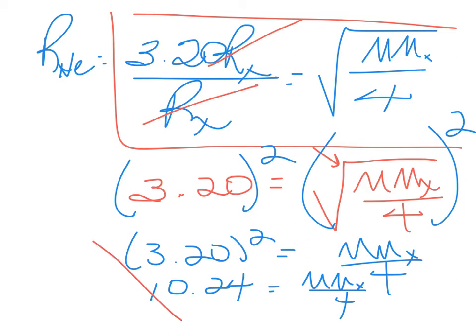And then finally, the molar mass of X would be 10.24 times 4, which would be 40.96 grams per mole.